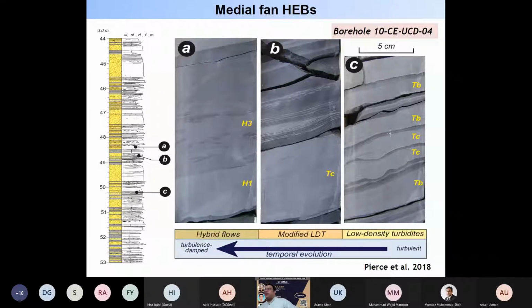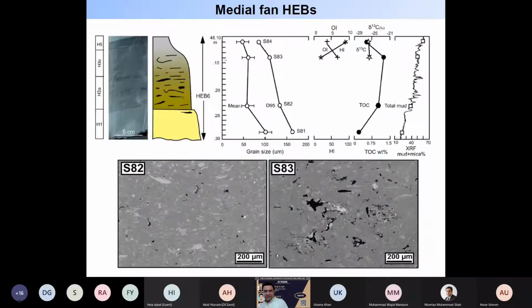Really nice photographs: these core photographs show the turbidity current deposits and hybrid event beds in those settings. Again, we can see a similar trend: less organic carbon in the cleaner sand part, and quite a lot of organic carbon in the mud-rich part that was deposited en masse.